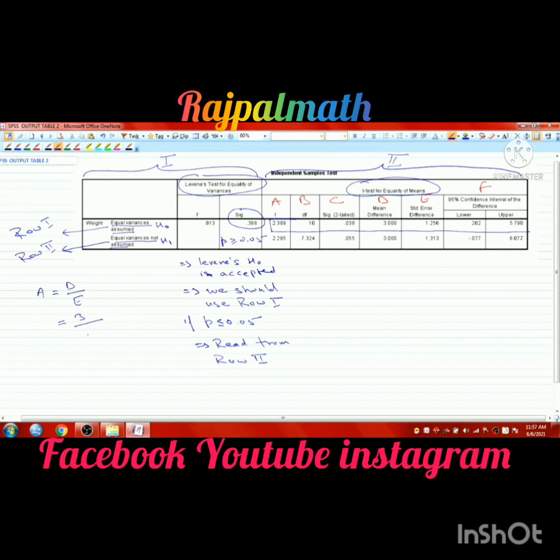Means D divided by E, 3 divided by 1.256, which is approximately 2.389. So T stat is 2.389.